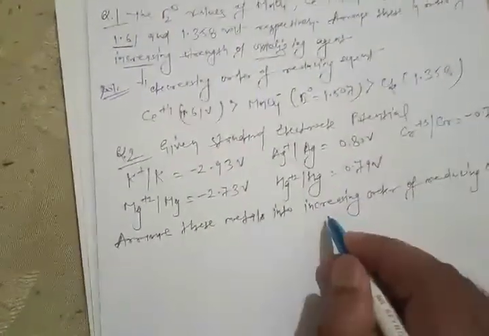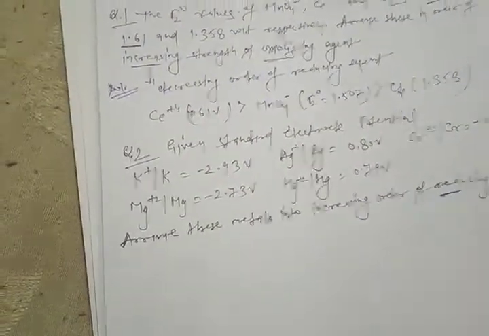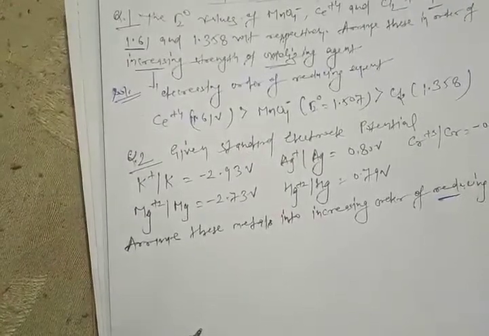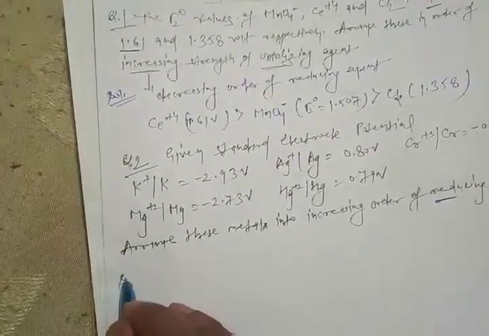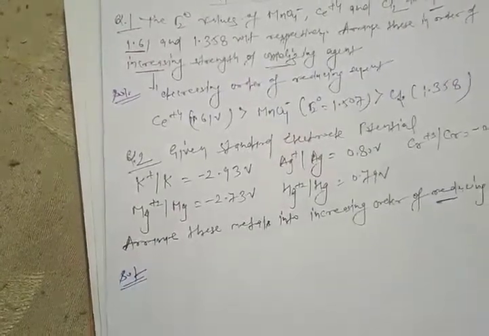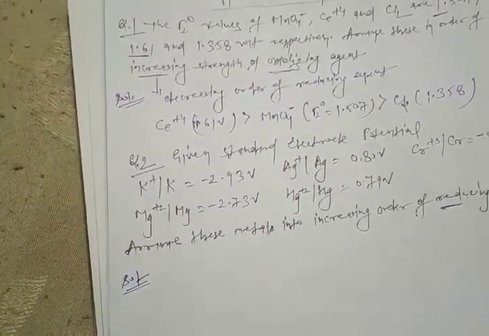Point to be noted: reducing character is the capacity to reduce, and highest capacity means, in this case, you have to go for the least value of that particular metal.